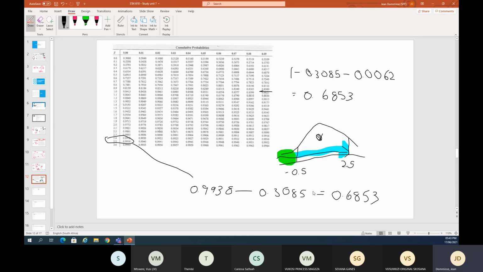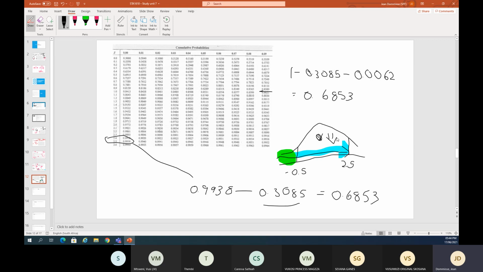Also, I know that the smaller area I can get from my negative table. I go to the negative table, I get 0.3085. To get that chunk of probability in the middle, I need to subtract the two numbers, and I get my final answer.